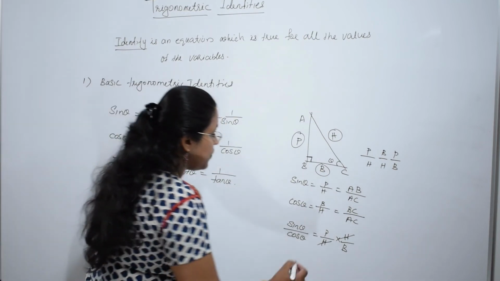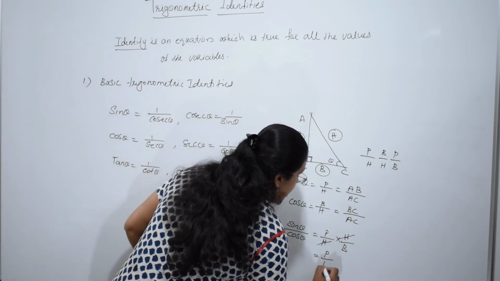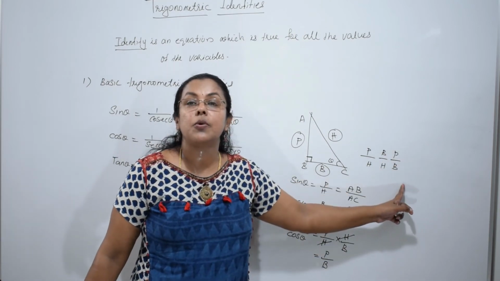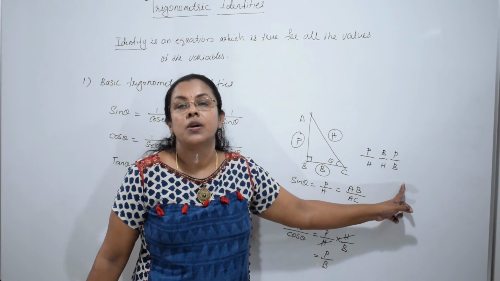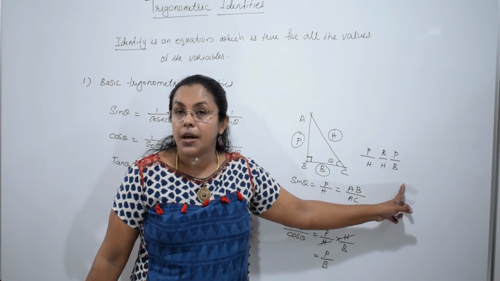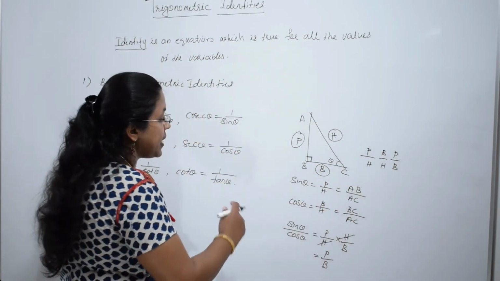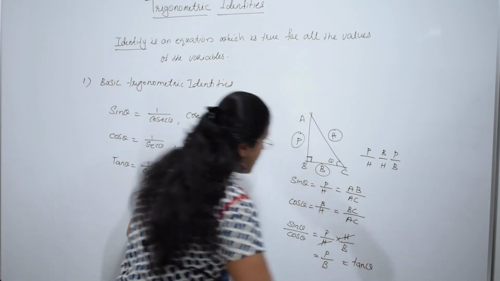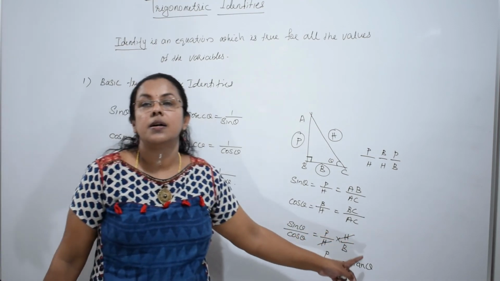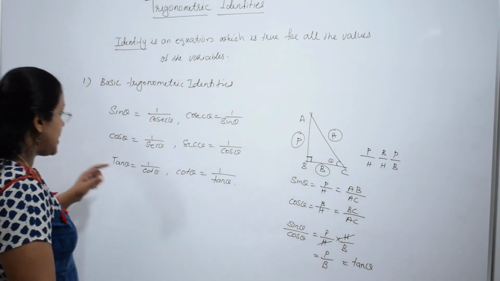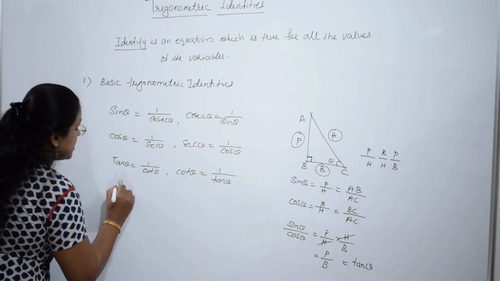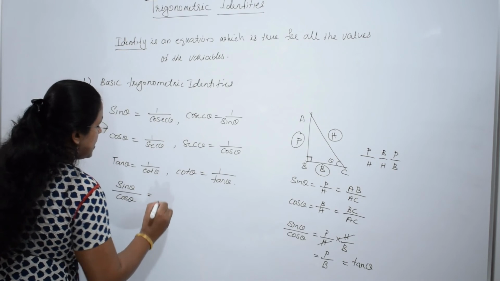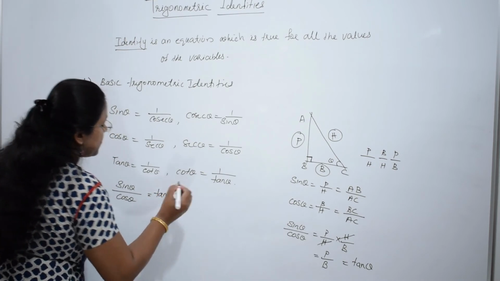The hypotenuses cancel, and we get perpendicular upon base. What is perpendicular upon base? It is called tan theta. So sin theta by cos theta is tan theta. That is the next trigonometric identity: sin theta by cos theta is equal to tan theta.